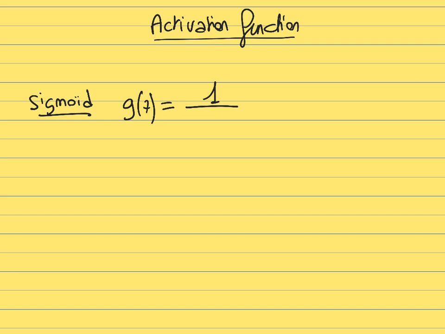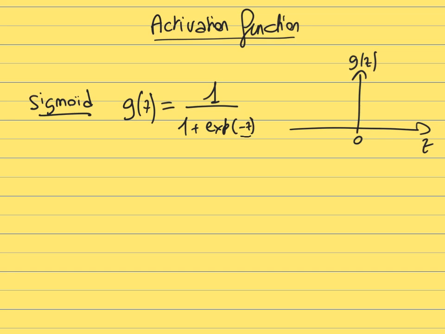And this sigmoid function takes the form of 1 over 1 plus exponential minus z. So this function, if we plot it, looks like this. z can go from minus infinity to plus infinity, and then we plot the response of the neuron as a function of z. So when z is very negative, then exponential minus z will become very large.